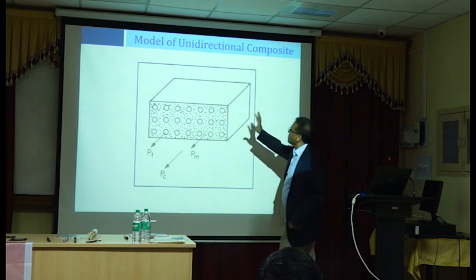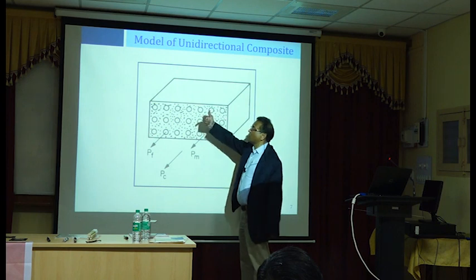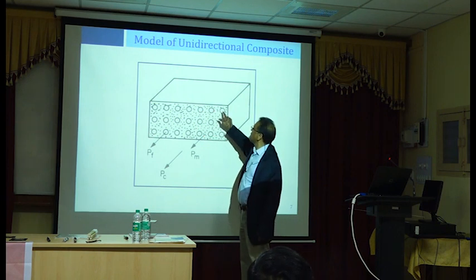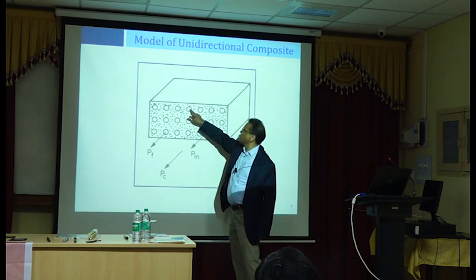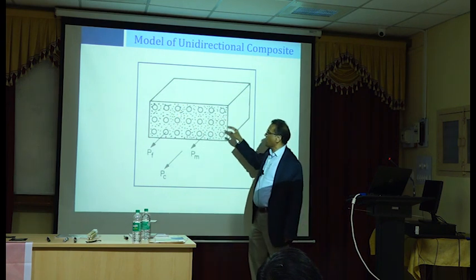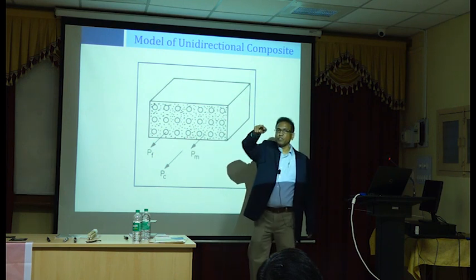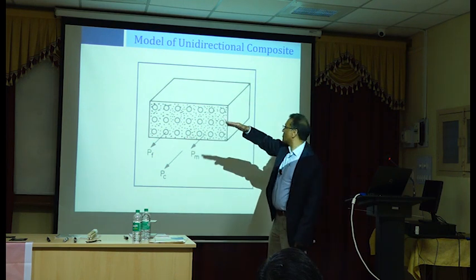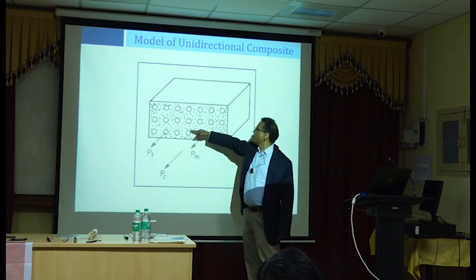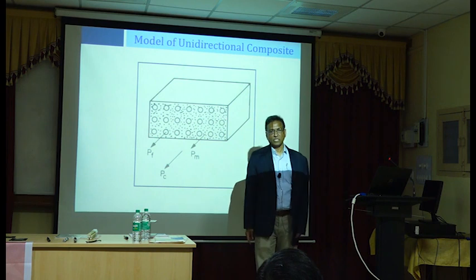So if you have a composite, you cut a slice through the composite perpendicular to the fibers, you will see fiber cross section right here. These are all fibers. Rest of it is matrix. If I apply a total force in this direction parallel to the fiber, some of the force is carried by the fibers and rest of the force is carried by the matrix.